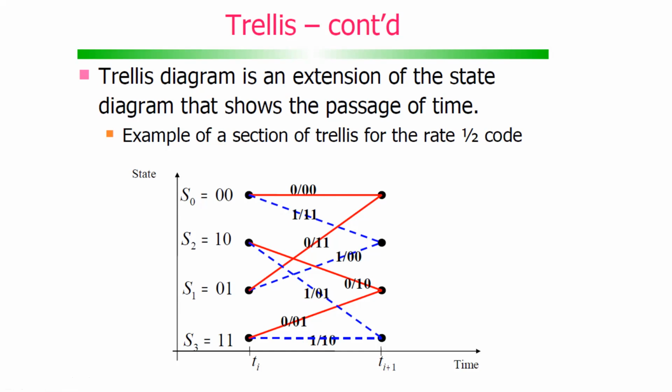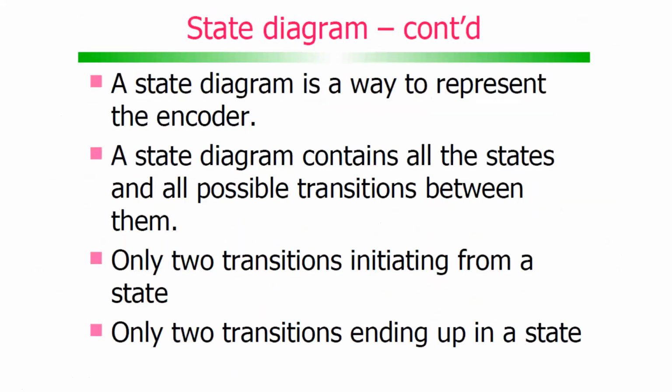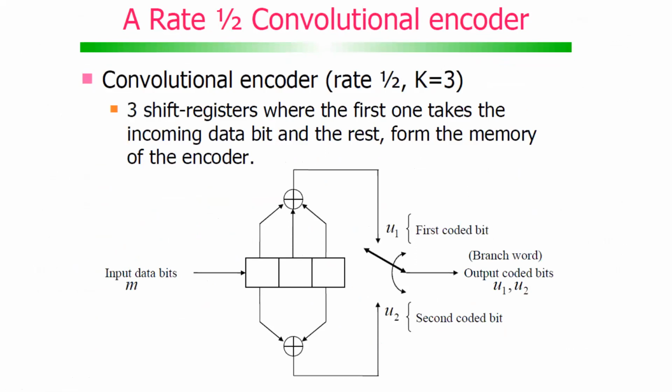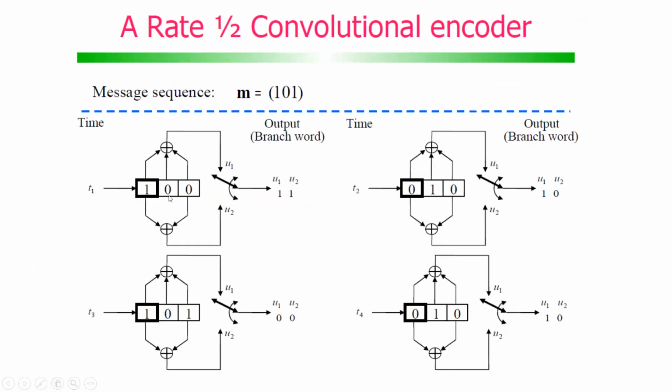Let me show you the next state also. If the input bit comes as 1, first of all, look for the output, before looking for the next state. So when the input bit is 1, what is the output? The output is 1, 1, of course.